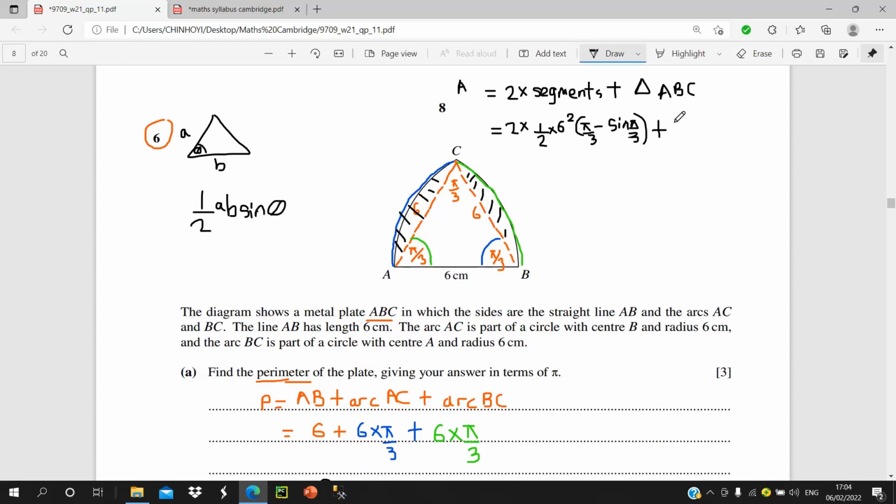So here, as you can see, we have half, and our sides are equal, 6 times 6, you get 6 squared, then sine pi over 3.